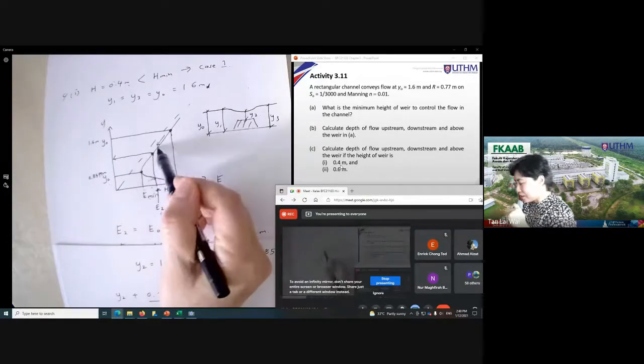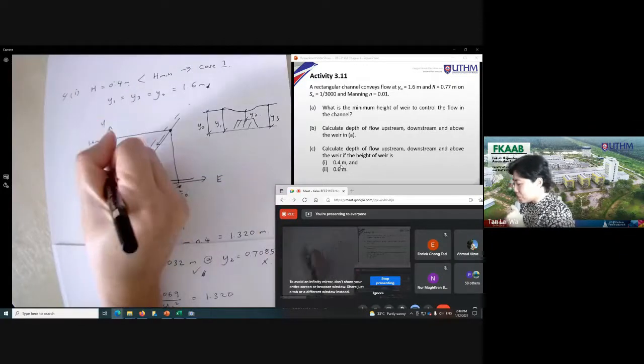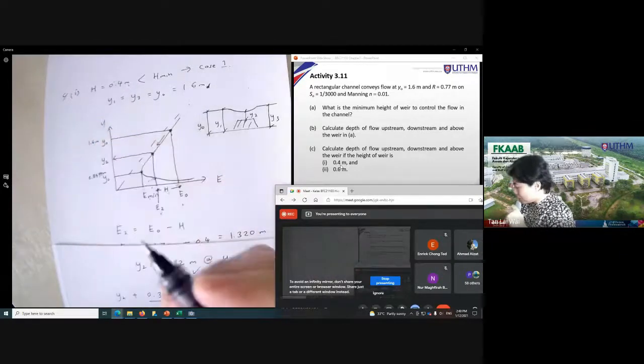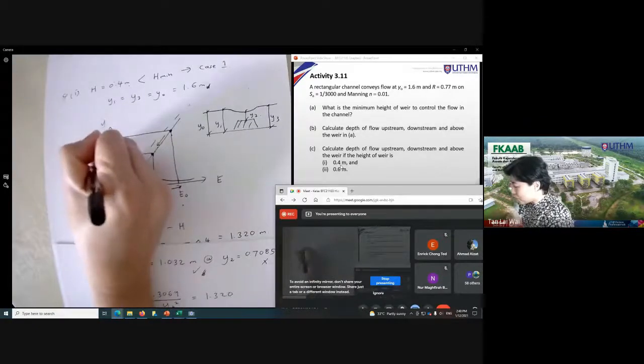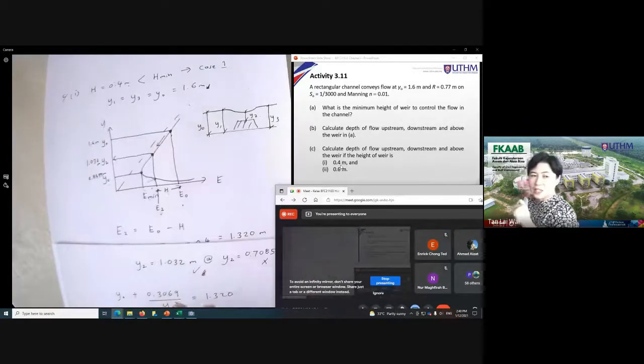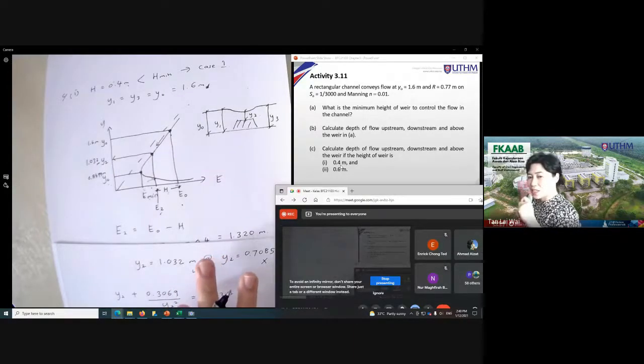It's still the same as initial, which is in subcritical state of flow. So your y2 is 1.032 meter. Okay, now we have already solved C1.